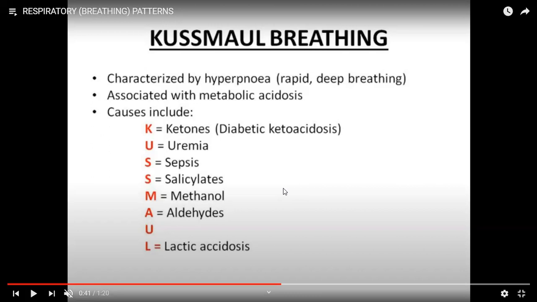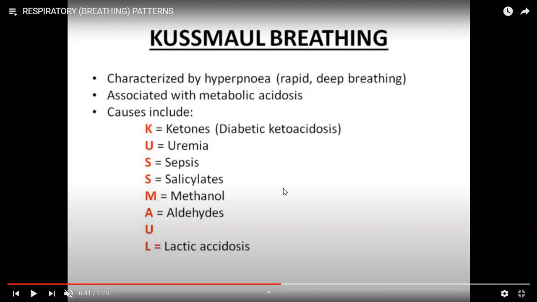Then the U is for uremia. Uremia can occur if somebody has liver failure or kidney failure and so on. You can have uremia, another cause of Kussmaul respiration. S is for sepsis, an overwhelming infection, for example, bacterial sepsis. You can have Kussmaul respiration.